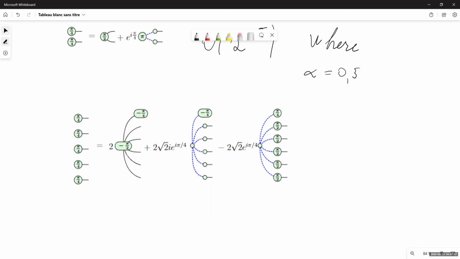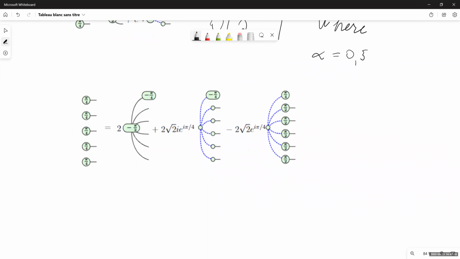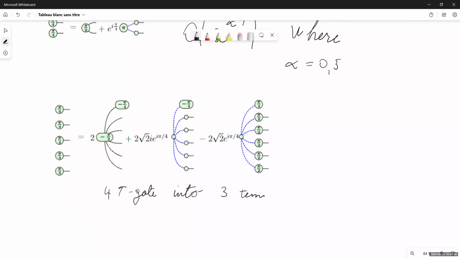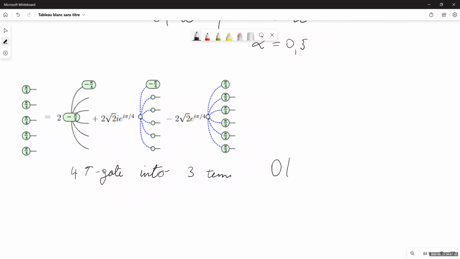So you can find those kinds of decompositions where here you take 5 T-gates and you transform it into 3 terms in which all of them have 1 T-gate left. So you can see this as 4 T-gates into 3 terms, which give you the same 2 to the alpha t, but here alpha is approximately equal to 0.396.